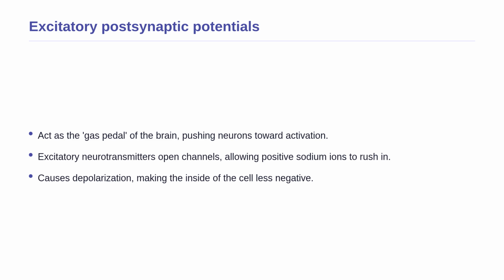This allows positively charged sodium ions to rush into the cell. This influx of positive charge makes the inside of the cell less negative, a process called depolarization. This electrical nudge pushes the neuron closer to the threshold required to fire its own signal, known as an action potential. Without these excitatory signals, our nervous system would be completely paralyzed.